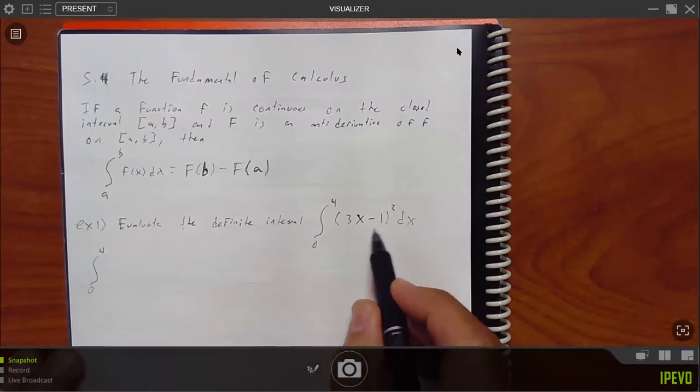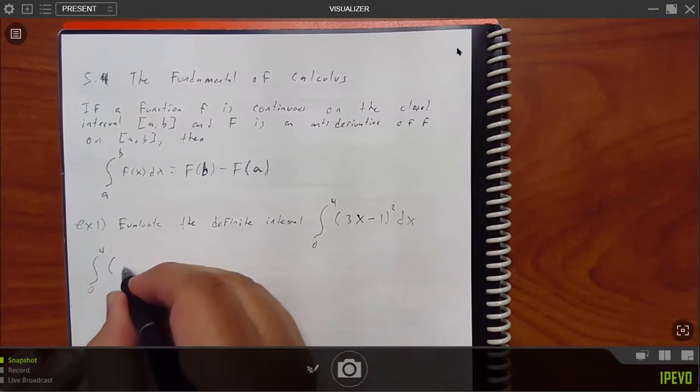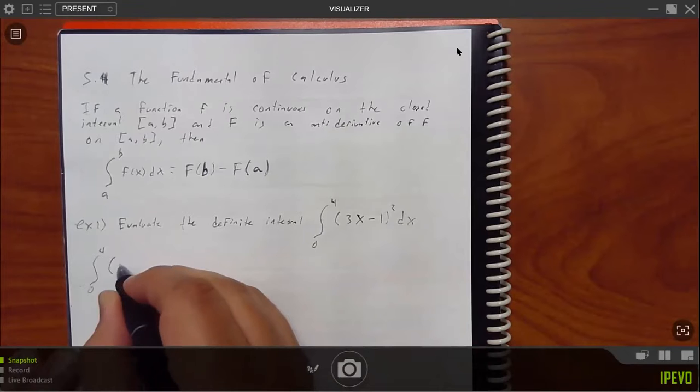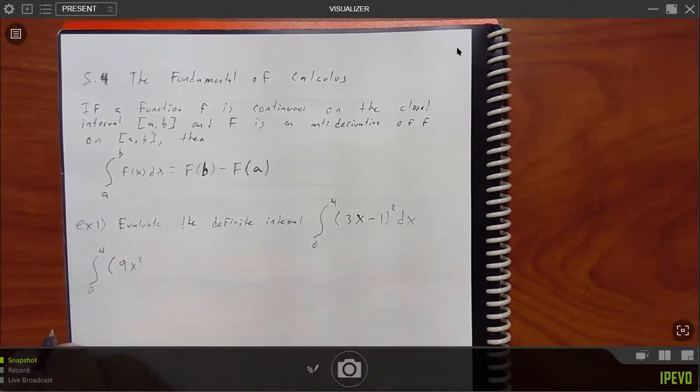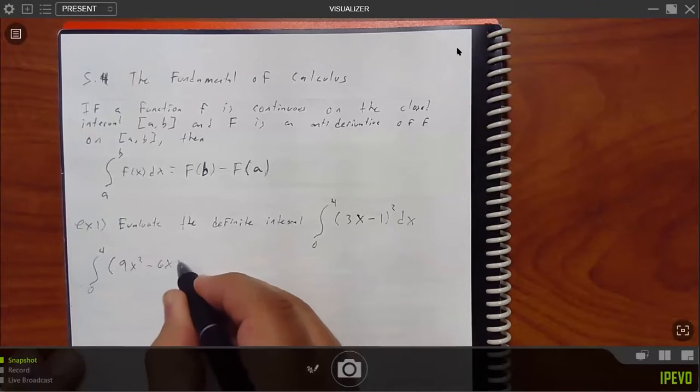The first thing is FOIL this out, multiply, or expand, whatever word you want to use. That will be 9x squared minus 6x plus 1.